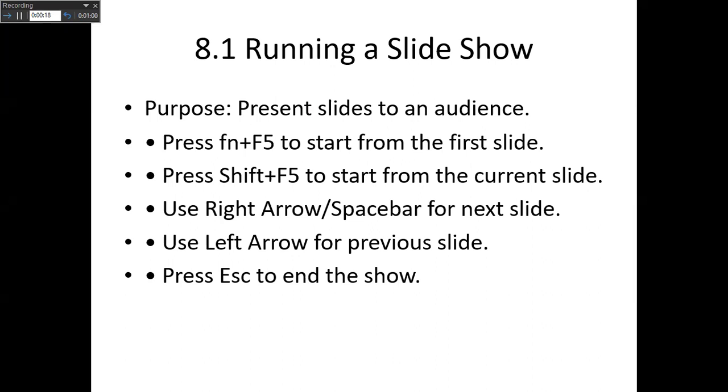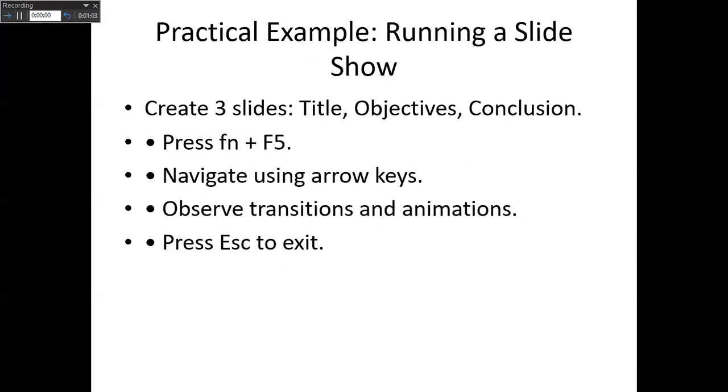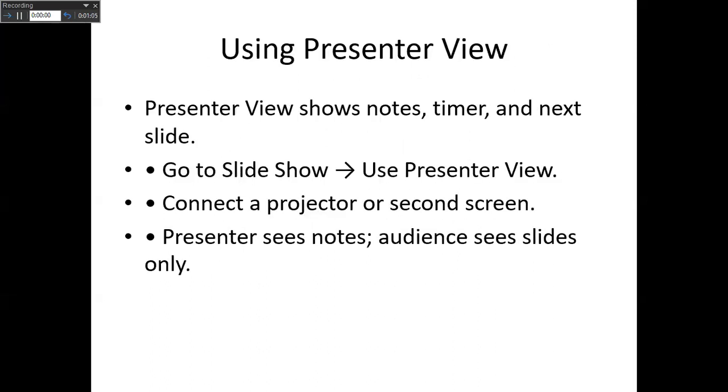Immediately it gets to 30 seconds, you move to the next slide. 23, 24, 25, 26, 27, 28, 29, 30. I move. The third slide, I want this one to be 10 seconds. 10. I move to the next one.